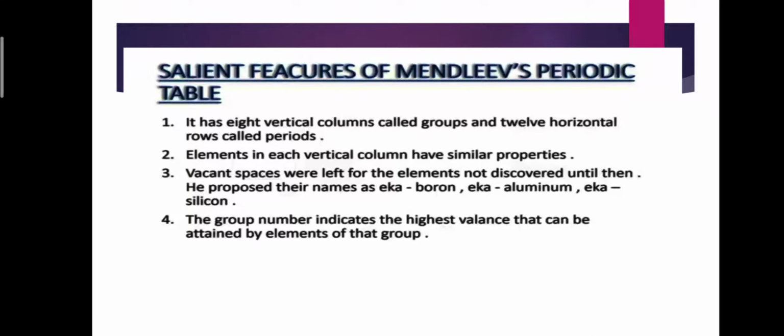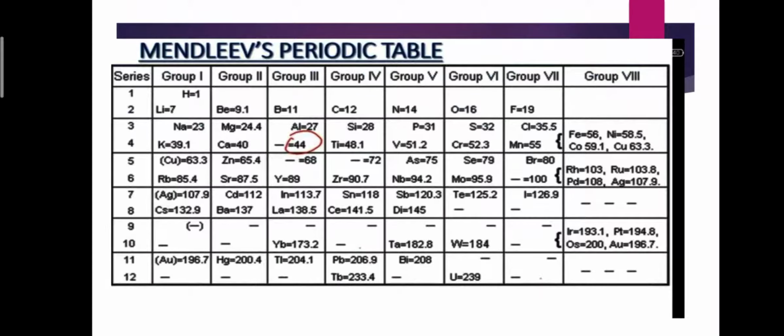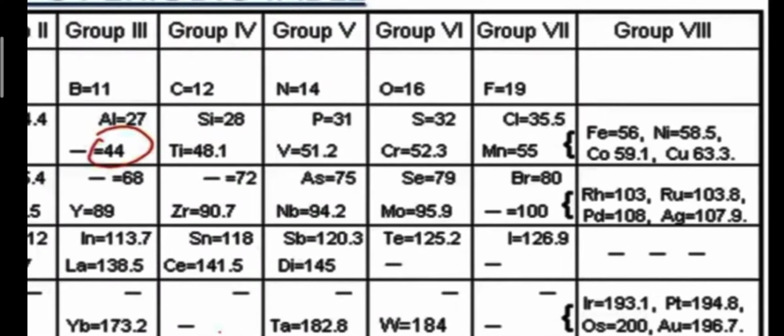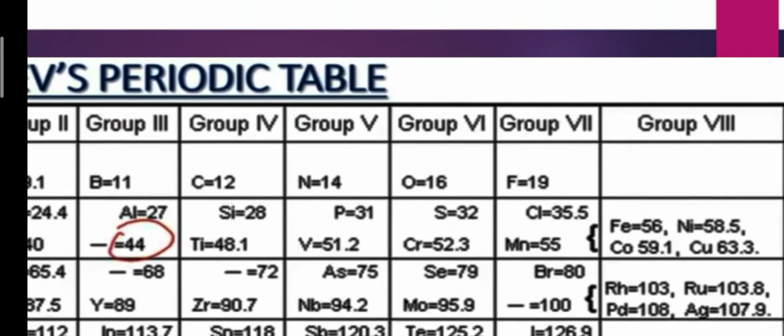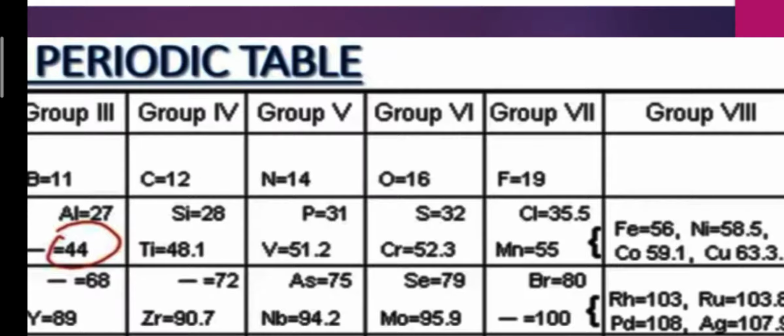For example, lithium is present in group 1, and the highest valence state of lithium is 1. Oxygen is present in group 6, and the highest valence state of oxygen is 6.